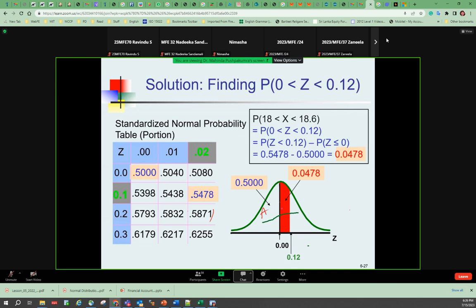Let's say A and B. B is this one. Then you subtract the probability less than 0, that is 0.5. That means this area. Then you can get the answer.